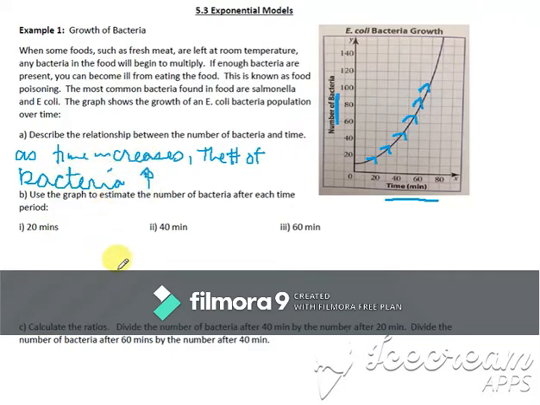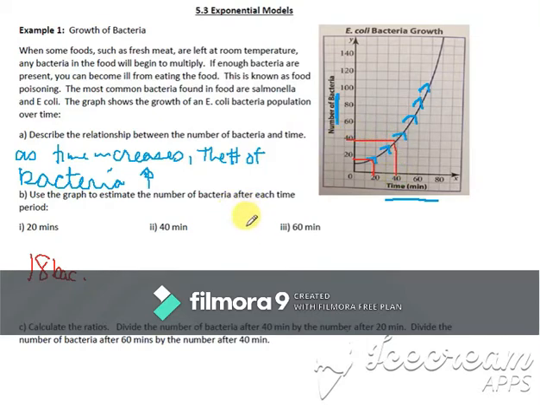Use the graph to estimate the number of bacteria after each time period. So after 20 minutes, we're going to be right here. We follow up to the graph and follow over. I'm going to say about 18 bacteria. Okay, 40 minutes, so we follow it up to the graph, and as soon as we hit the graph, we follow it over.